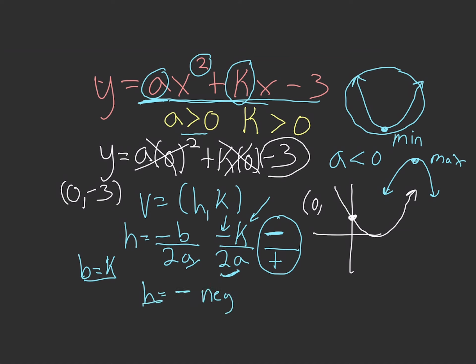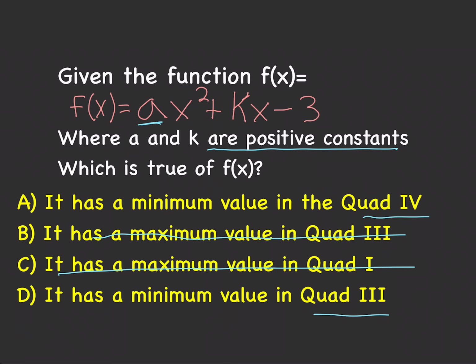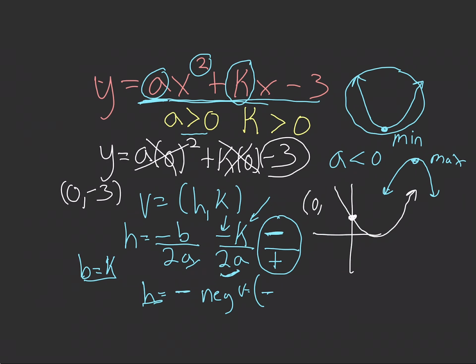Again, h is our x-coordinate. So the vertex is at some kind of negative number for x. If I look at my quadrants, I knew the vertex was down in either quadrant 3 or quadrant 4, but if the x value is negative, that means, remember, x values are negative to the left of the y-axis.